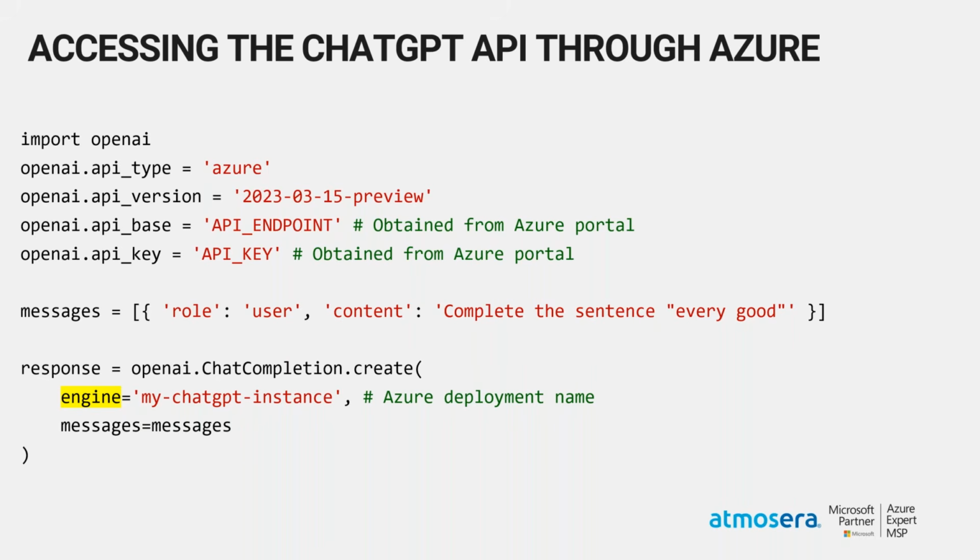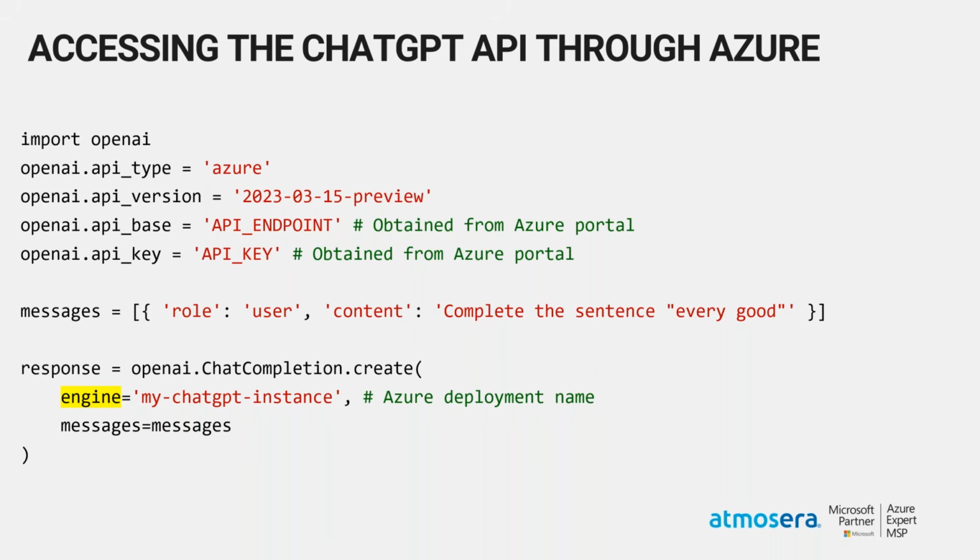The nice thing is, if you choose, rather than call ChatGPT directly through its API, to instead call a private instance of ChatGPT that you've deployed in Azure, the code is almost exactly the same as the code you saw previously.